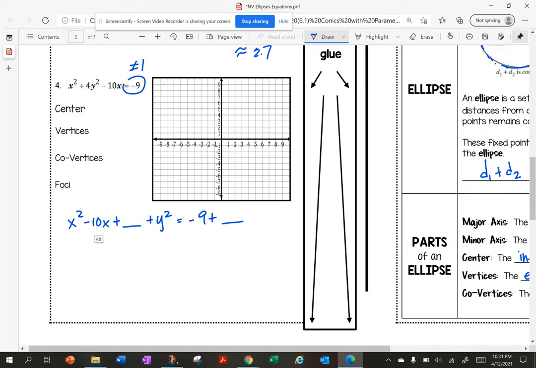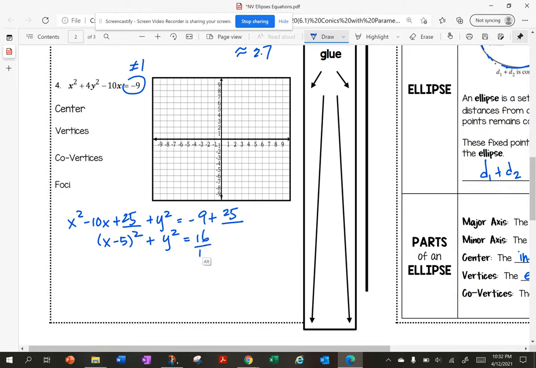So I'm going to take half of my b term, which is 5, and square it. So that's 25. I'm going to add 25 to both sides. So this makes x minus 5 quantity squared plus y squared equals 16.